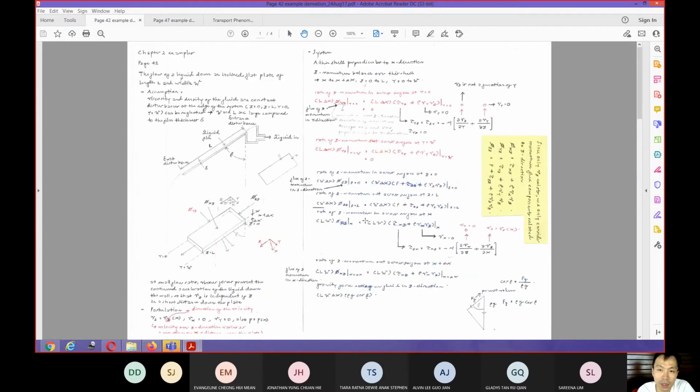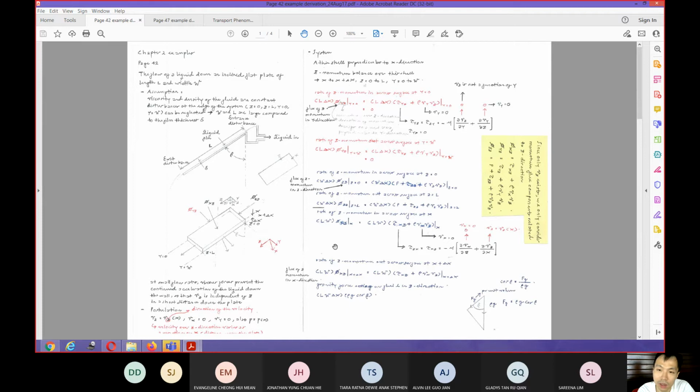In essence, your assignment 1 is basically just the application of these same things, except that you will be using cylindrical coordinates. So it is similar to what we will discuss in example 2 and example 3.